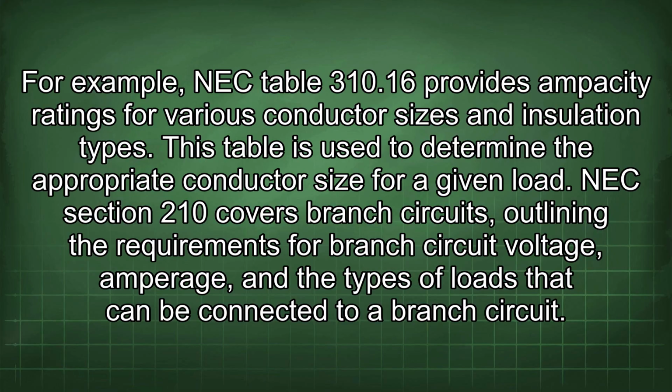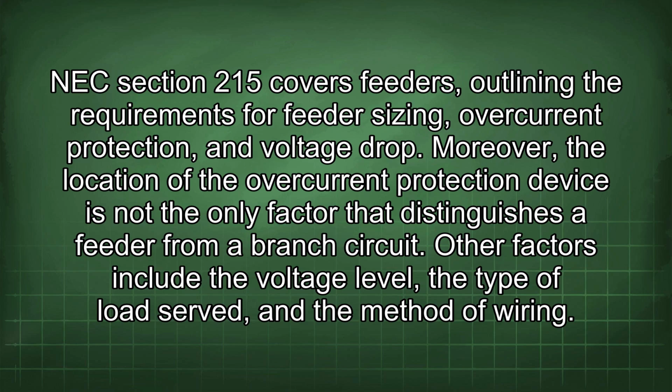This table is used to determine the appropriate conductor size for a given load. NEC Section 210 covers branch circuits, outlining the requirements for branch circuit voltage, amperage, and the types of loads that can be connected to a branch circuit. NEC Section 215 covers feeders, outlining the requirements for feeder sizing, overcurrent protection, and voltage drop.